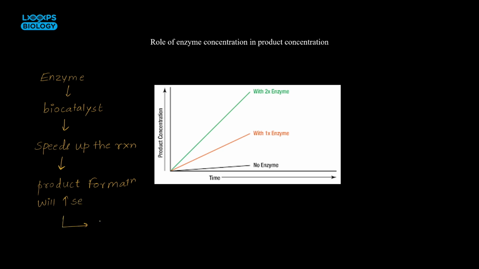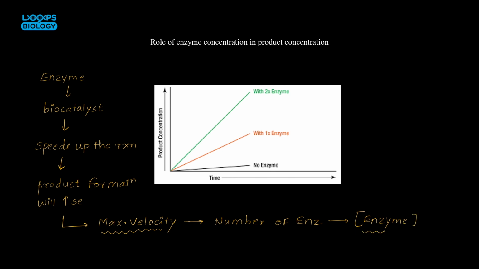And we have seen that the maximum velocity is dependent on this product formation and the number of enzymes, that is nothing but the concentration of enzyme I am talking about. Got it?